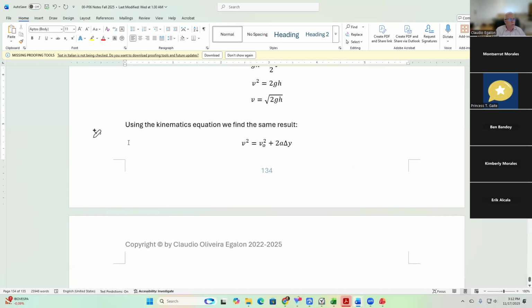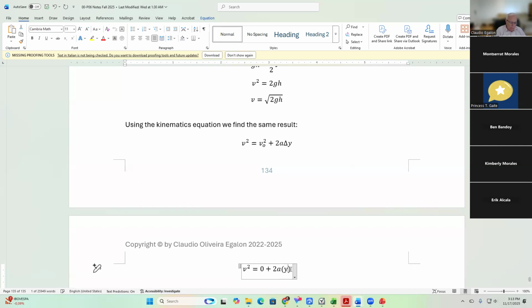Just to prove that to you. All right? Okay, go. The initial velocity is 0. The delta y is going to be h. Okay, actually it's going to be minus h. Delta y is what?